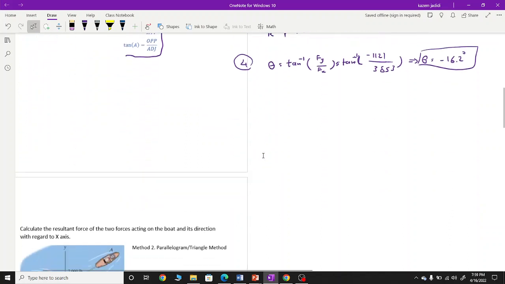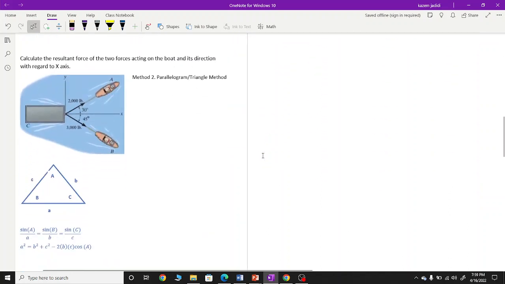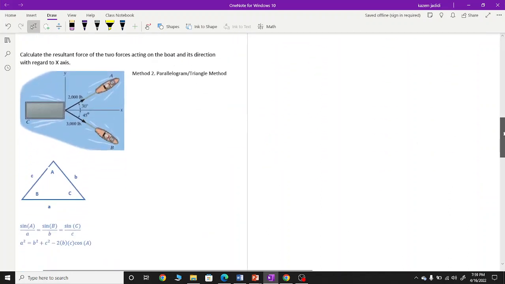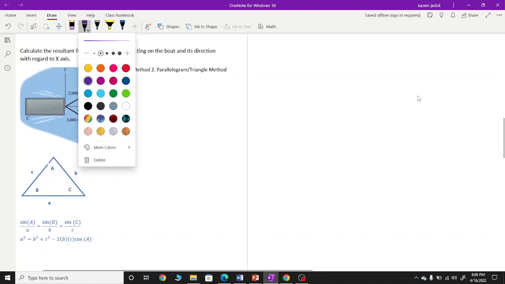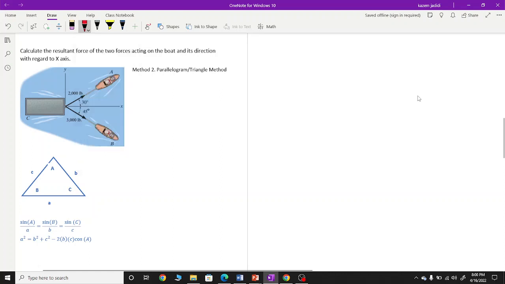Now I'm going to go to the next page, and I use another method, which is a graphical method, to solve the same problem. It's called the parallelogram and triangle method. In this method, we have this Fa.